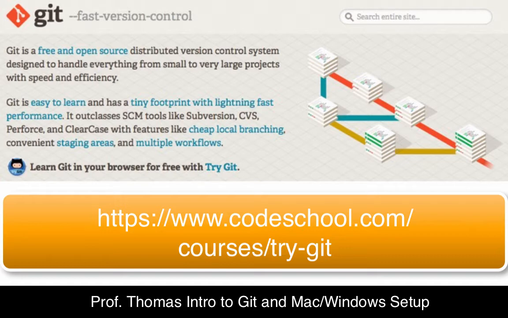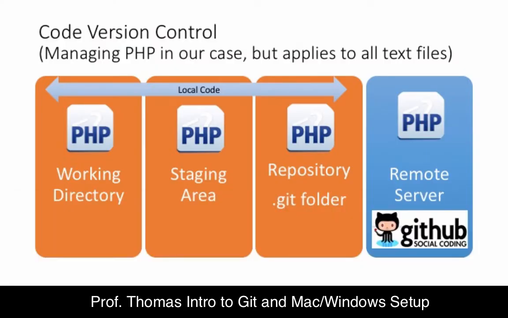All right, let's dig a little deeper into what Git is. You can see here, let's take our case. We're mostly dealing with PHP. Git allows you to manage code on your own machine and with a remote server. So to begin with, let's assume we've got some code that we're writing for a website and we're using the PHP language.